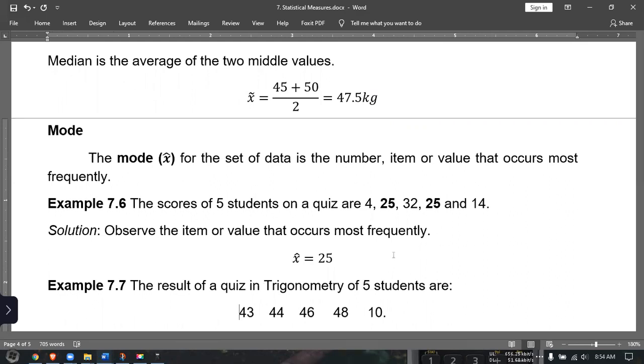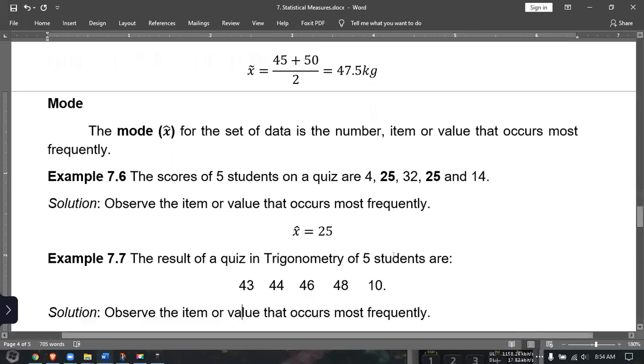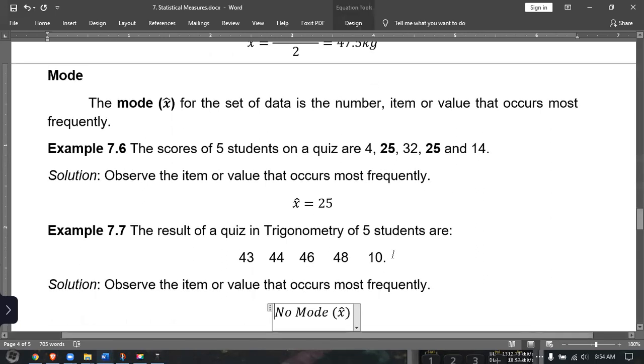None, sir. So what is the mode if there is no value? There are distributions that actually have no mode. It is possible for a set of data to have no mode.